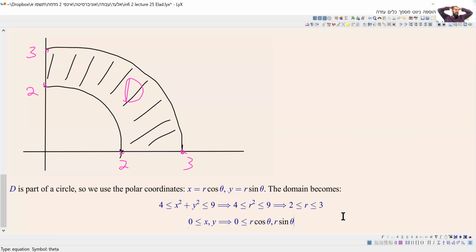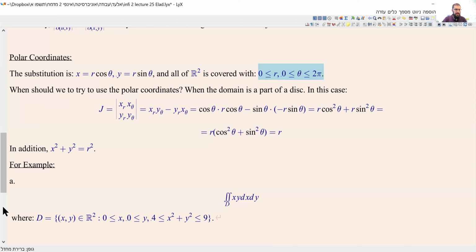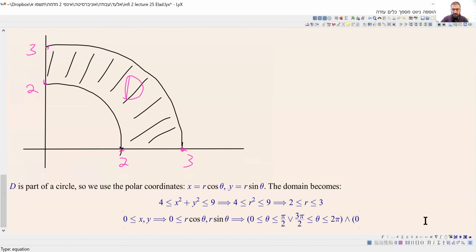From the basic domain between 0 and 2 pi, where is cosine positive, where is sine positive? Cosine is positive for an angle between 0 and half a pi, or between 3.5 pi and 2 pi, while sine is positive, from the basic domain between 0 and 2 pi, when theta is between 0 and pi.